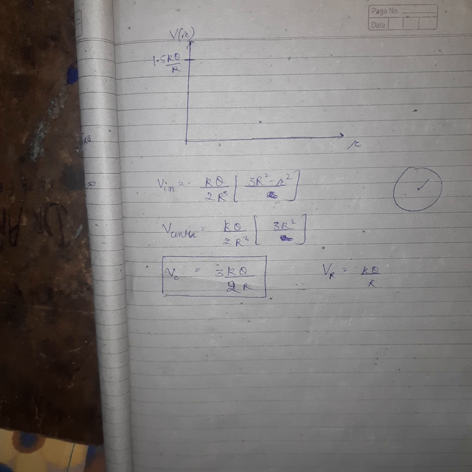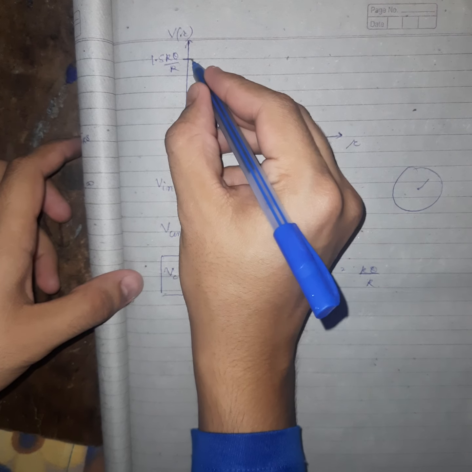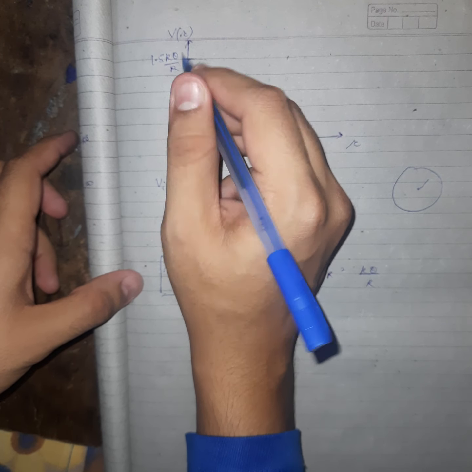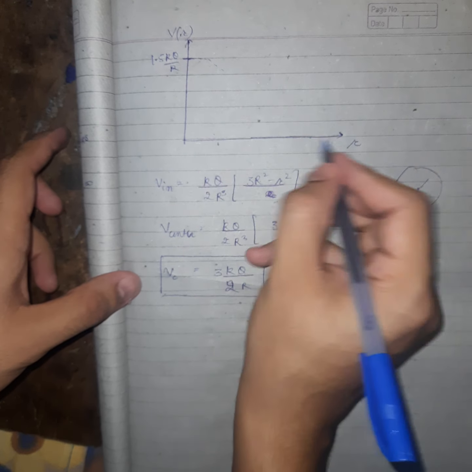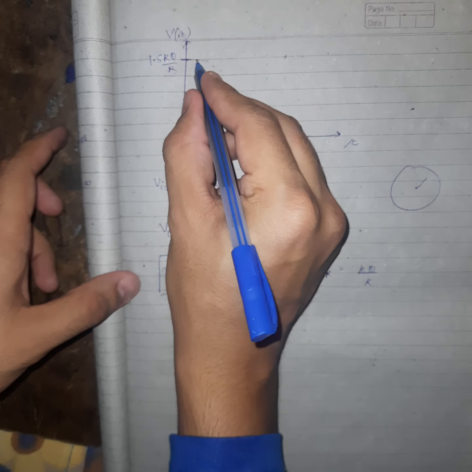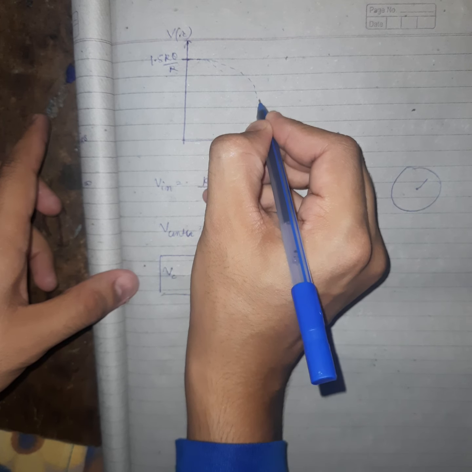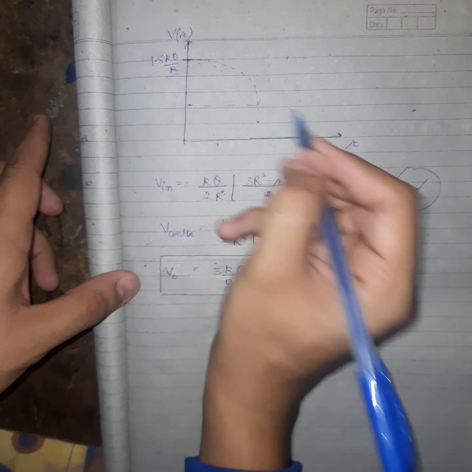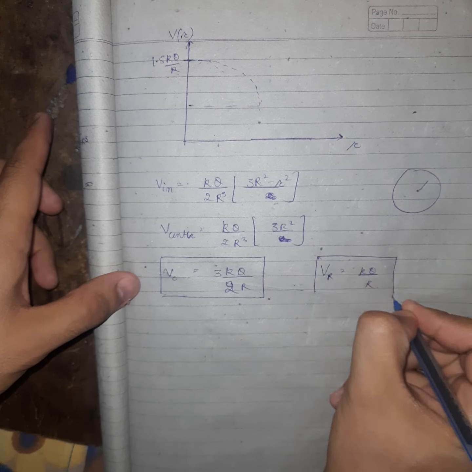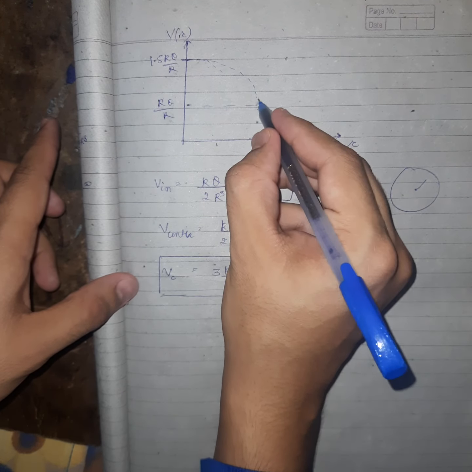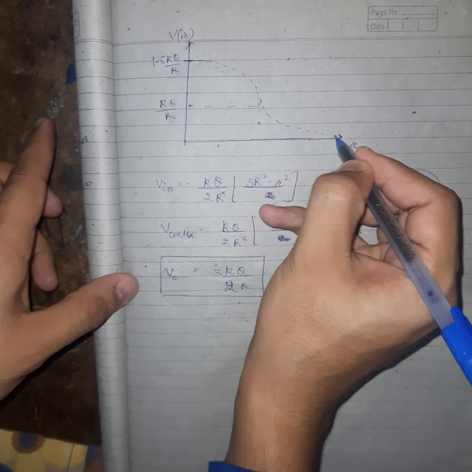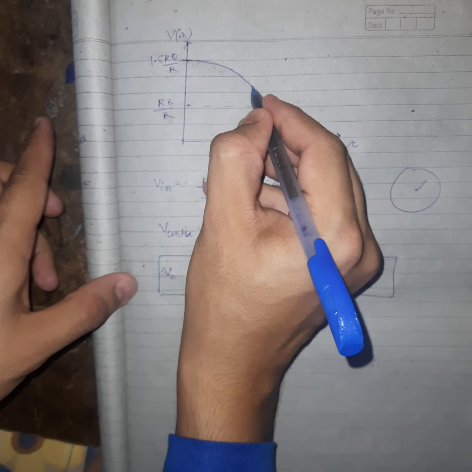So the graph will be constantly decreasing. As r increases, potential decreases. At the surface it was kQ by R, and it will be constantly decreasing on this side.